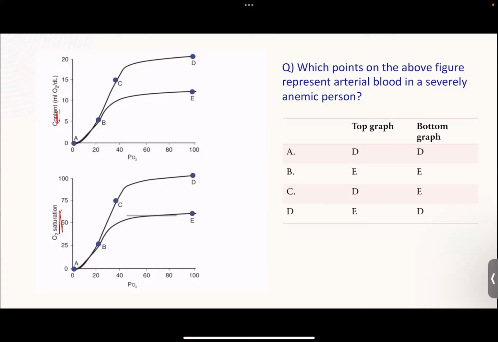Anybody else? Okay, well, the answer is D. Does anyone want me to explain why it's D?